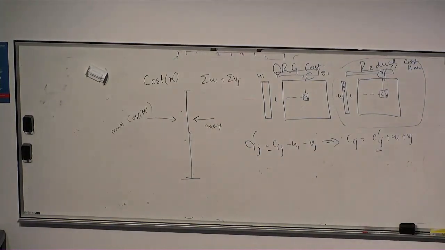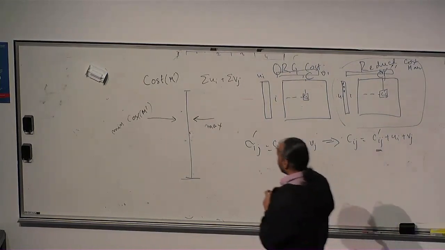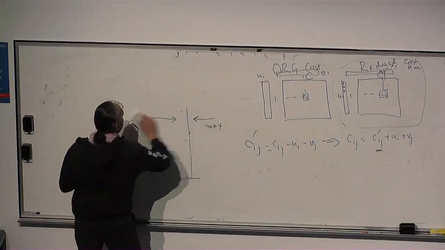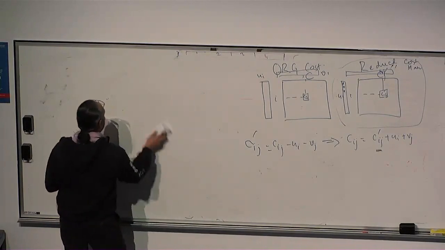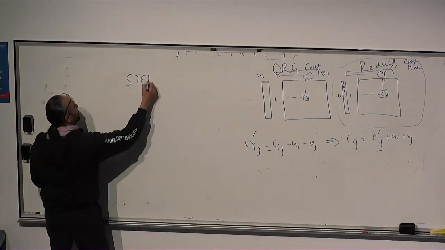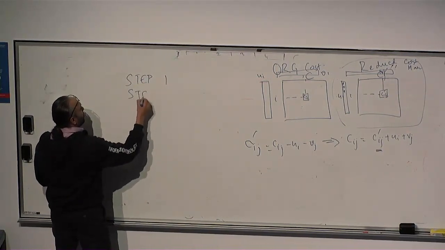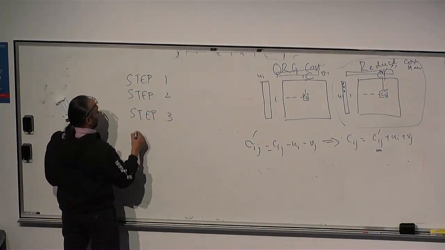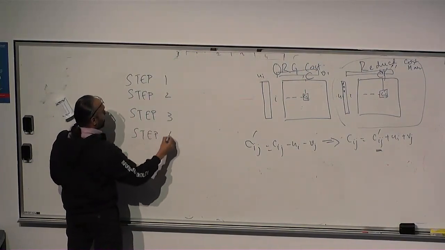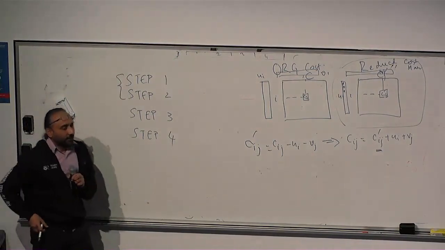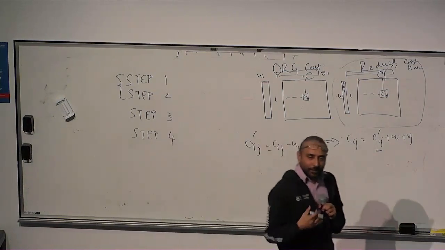Now, let's start with what this algorithm does. The algorithm has 4 steps. Step 1, step 2, step 3, step 4. The first 2 steps are done one time for a given problem.